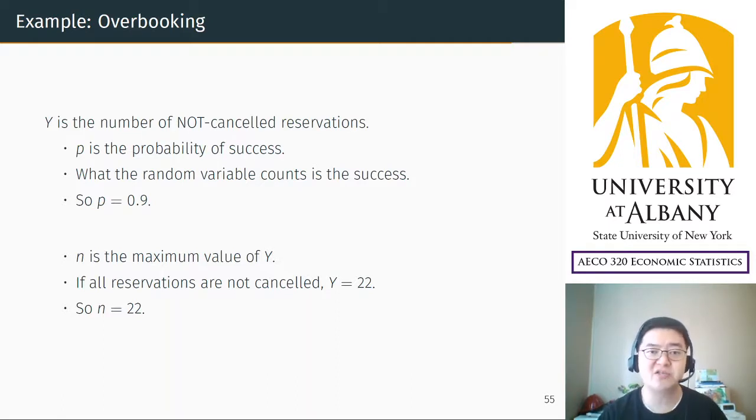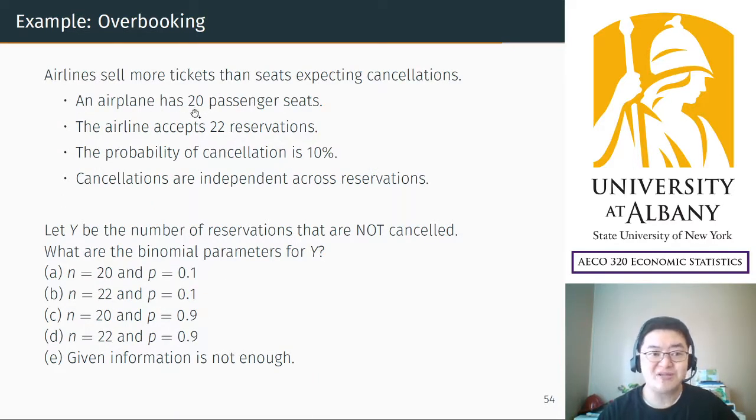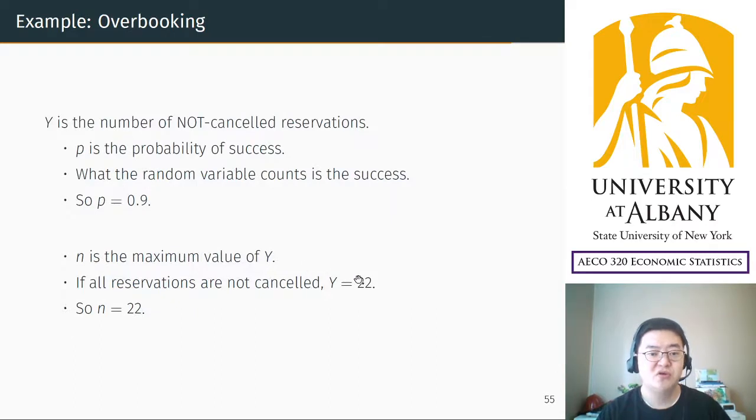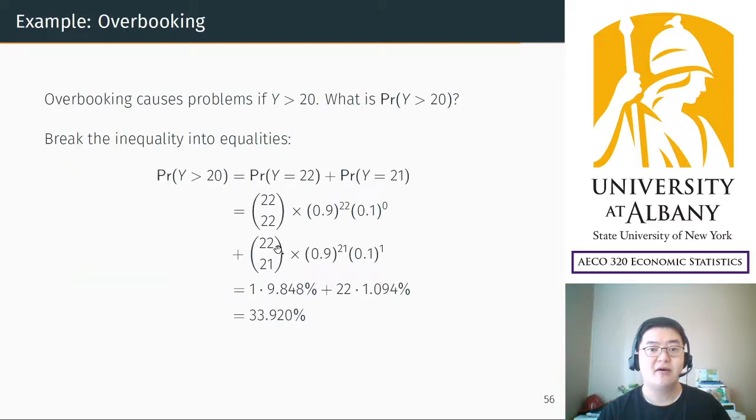If all passengers want to take the flight, then you will get 22 passengers at the gate. So the parameter is 22. The 20 is just a fake. It has nothing to do with the distribution. The number of passengers you will have depends only on the number of reservations made, not the number of seats.